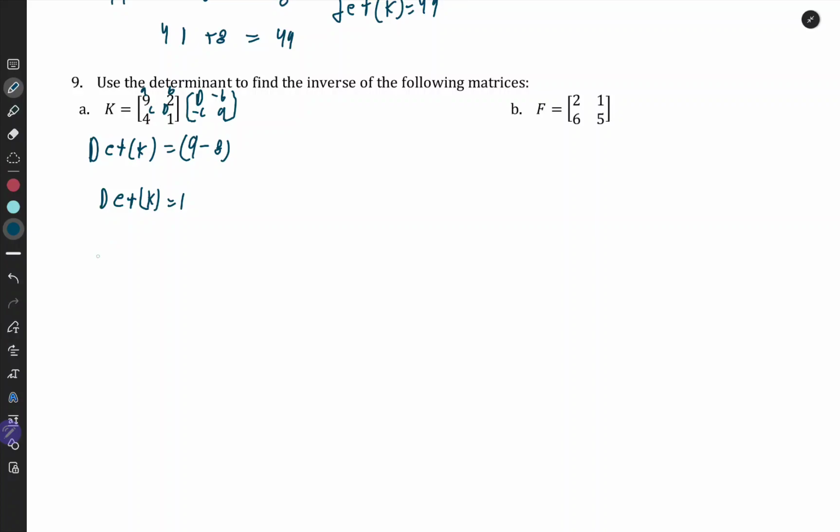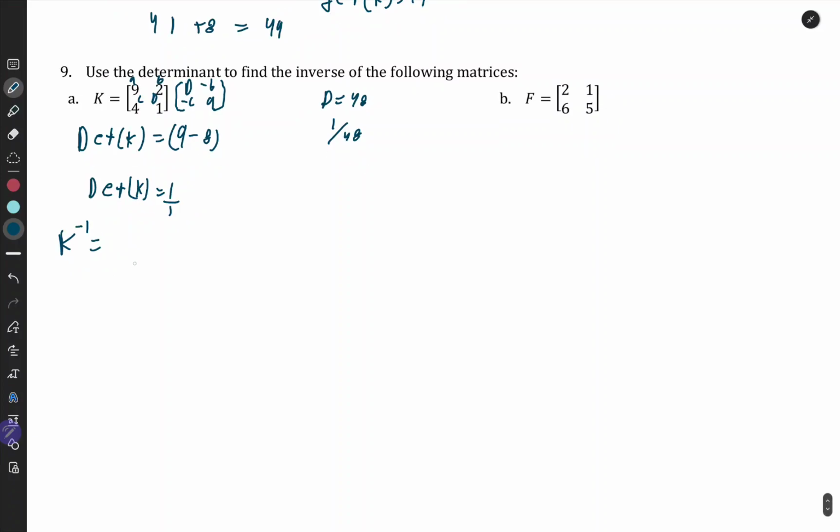So let's do, okay, K inverse equals to, now this is technically 1 over 1. And any other number, it would just be like for example, let's say your determinant is like 48, right? It would be 1 over 48. See, that's like an example. It would be 1 over whatever the determinant is.